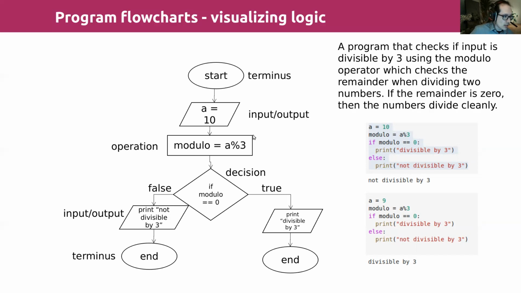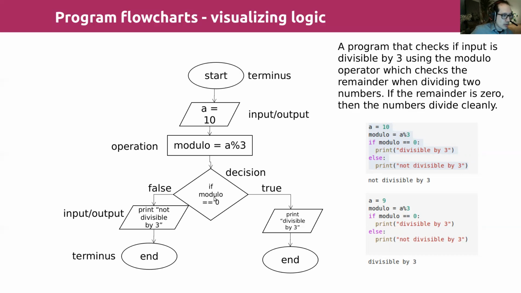And then this internal operation here, the program will perform. So it'll create a new variable called modulo, and it's going to evaluate it here. It's going to be equal to a modulo 3. And whatever results will get fed into this decision.